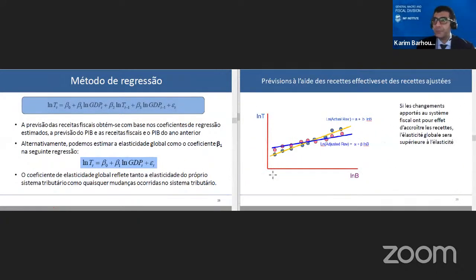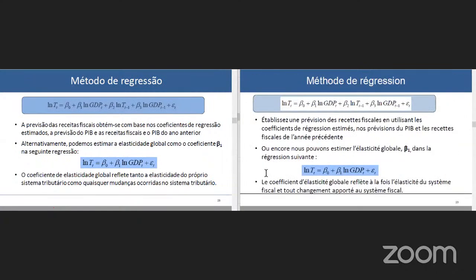I mean, the GDP today and GDP last year. Which one is the focus variable here? Is it tax lagged one period or GDP at t?